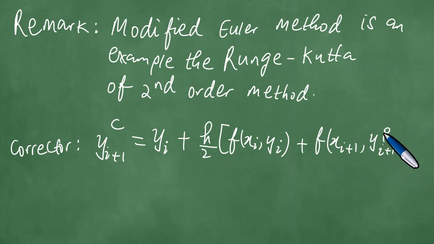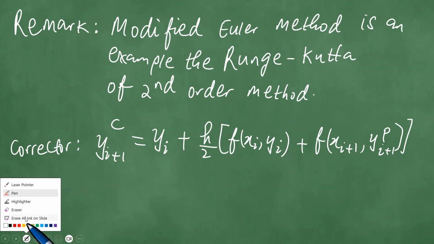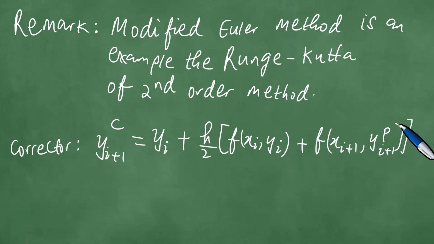This is exactly the same as what you wrote for the modified Euler using the w's, but today we're using y's. And this is a version that is more compact. So the corrector is like this.